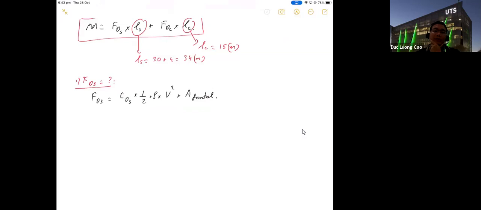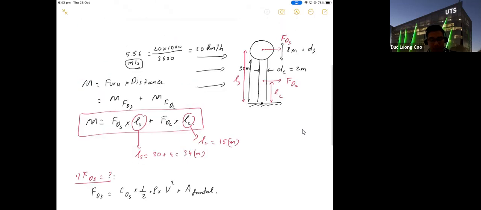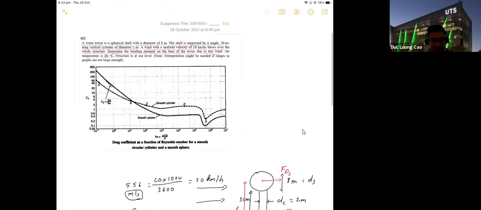So to find FDS, you have to know CDS, the drag coefficient applied to the spherical shell, the air density, the velocity, and the frontal area. So which ones do we already have here?